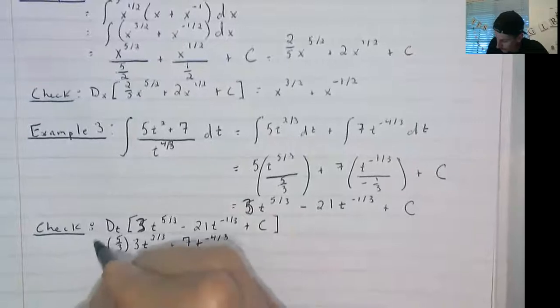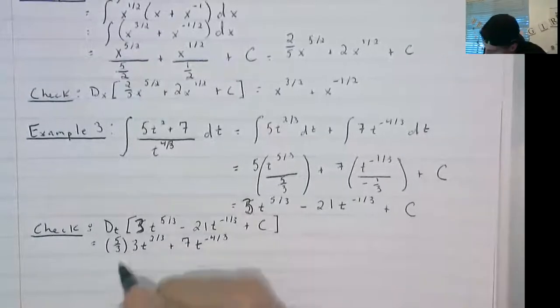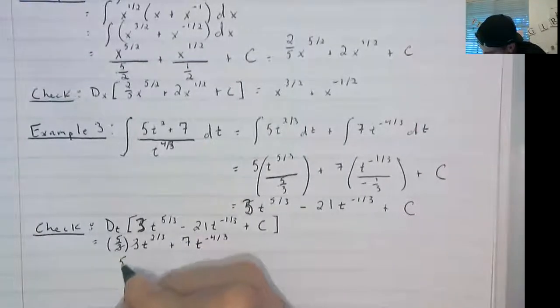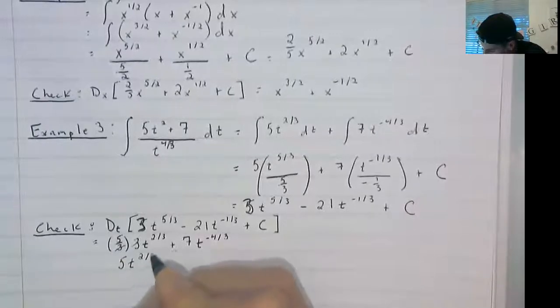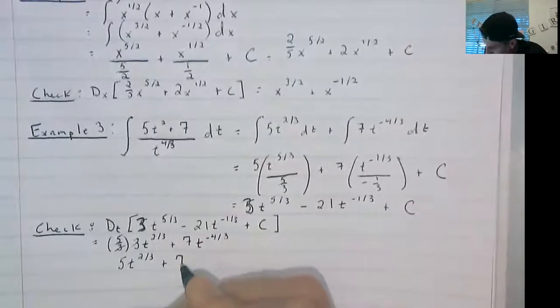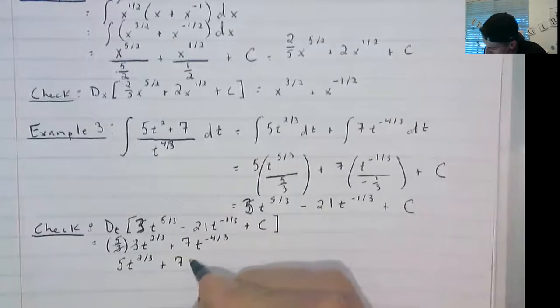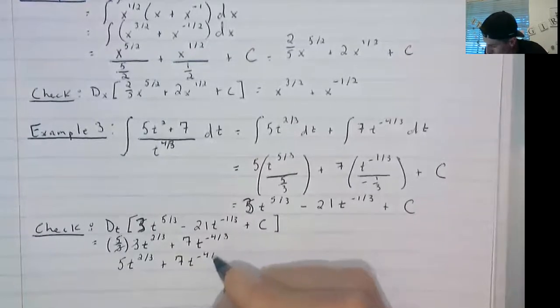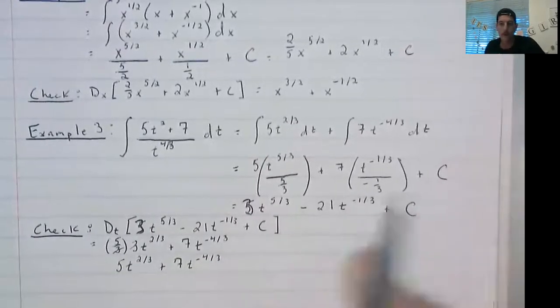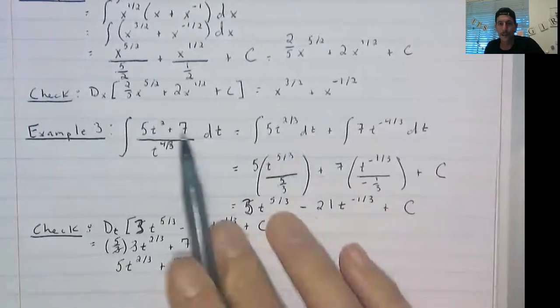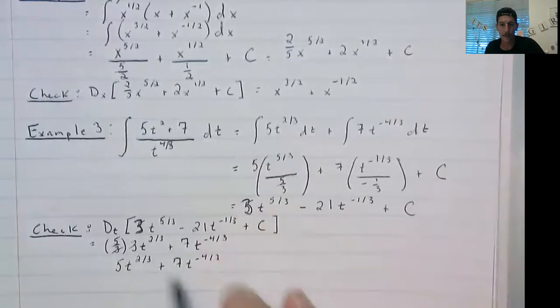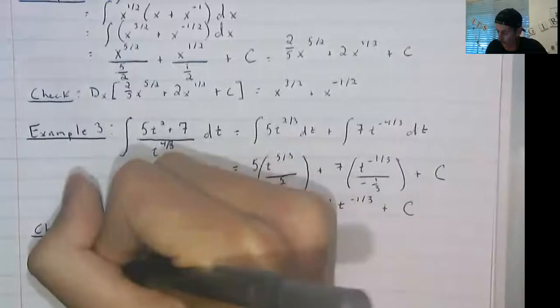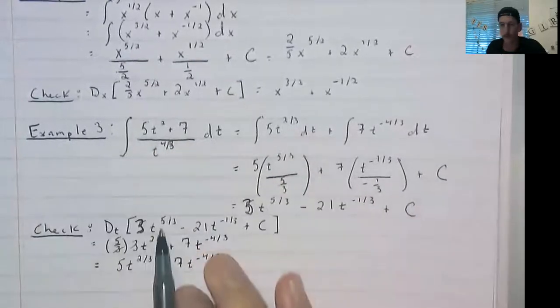And then simplifying this, we end up with the 3's canceling. You get 5 t to the 2/3 plus 7 t to the -4/3, which is kind of the second step from the beginning, but matches up well enough that we're pretty confident that we have found the correct antiderivative.